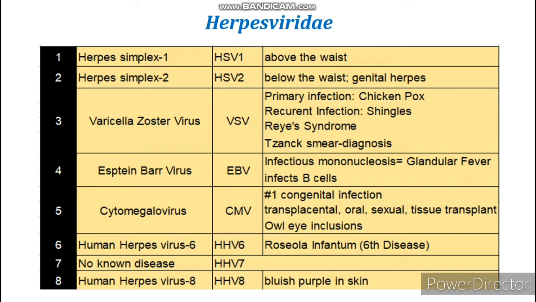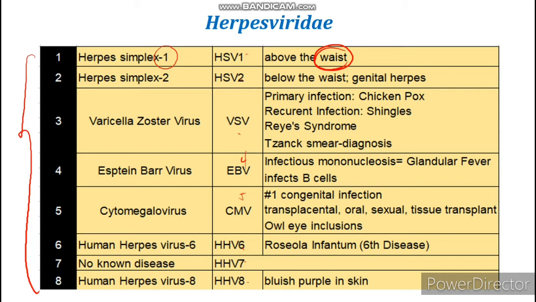So we go now to the first DNA virus, which is Herpesviridae. Your Herpesviridae has at least 8 types. So you have your HSV 1, 2, 3, 4, 5, 6, 7, 8. Take note, tatandaan nyo sa herpes simplex 1, usually ang infection niya is above the waist.